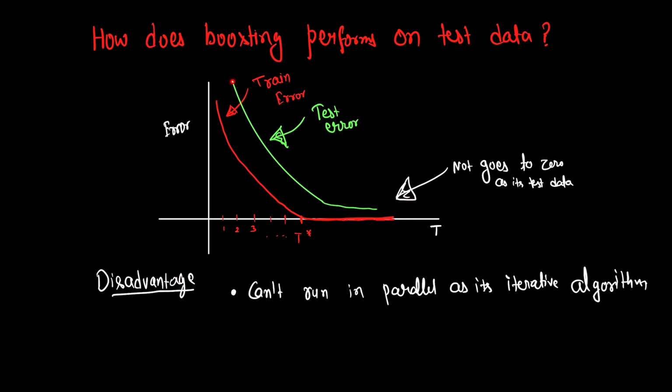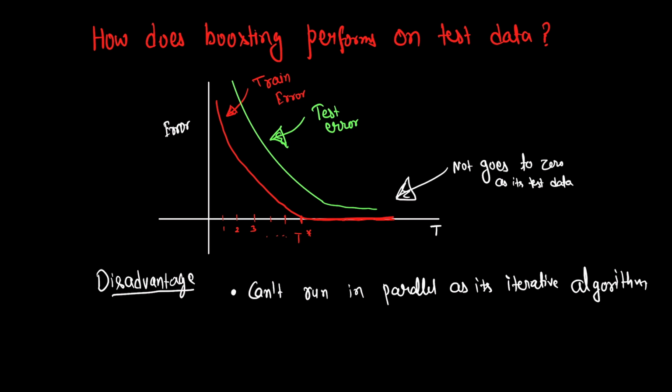Now, how will it perform on test data? It will reduce the error, and then it will go flat, but it won't go to 0. Why? Because it is test data, which can have any type of input. There will be some bias and outliers.